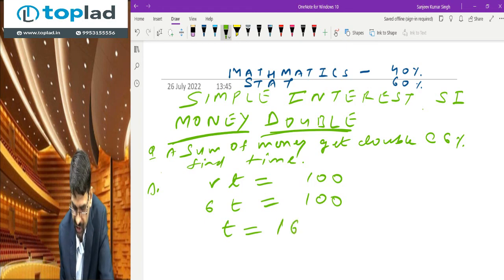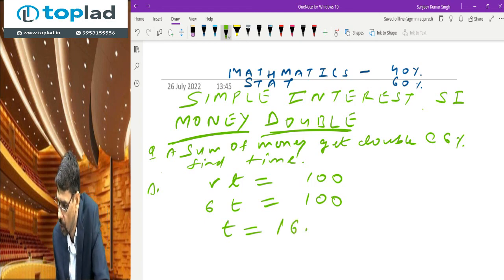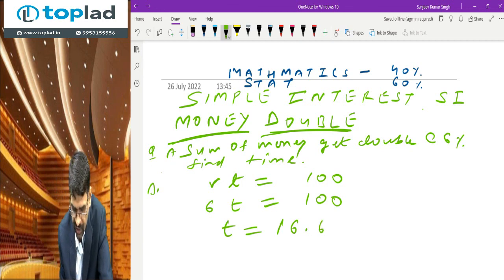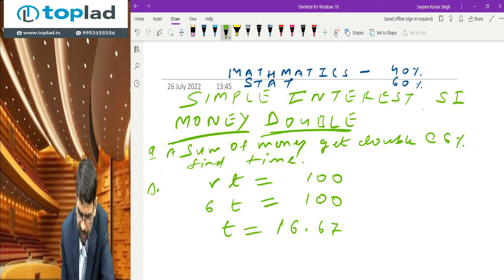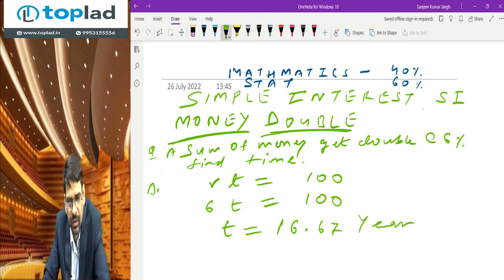Time is 16.67 years. You will get the amount double. Like if you have 1 crore, then you will get 2 crore rupees.